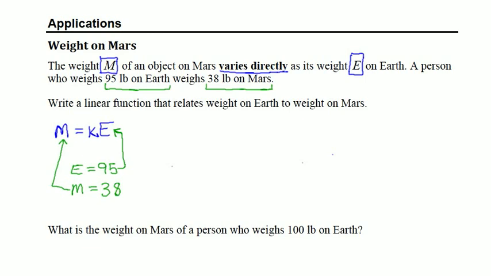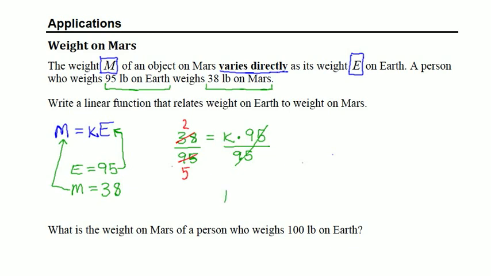Plugging these in gives us 38 equals K times 95, and then dividing both sides by 95, we get 38 over 95, which we could reduce. You may or may not recognize the common factor of 19 here, so that this is in fact equal to 2/5, or you might just get a decimal approximation and call it 0.4, either way.